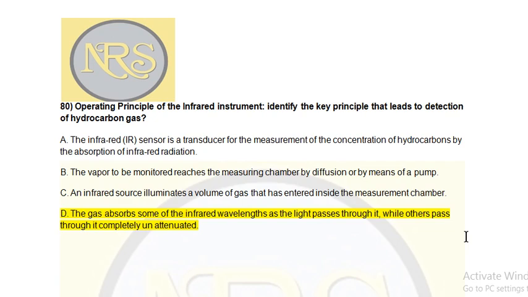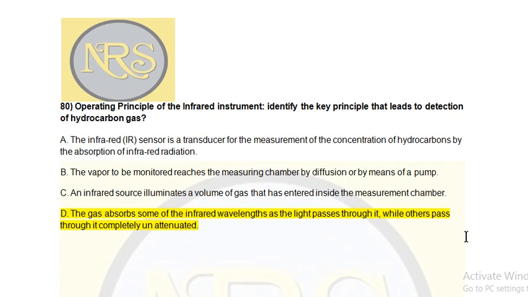Option C, an infrared source illuminates a volume of gas that has entered inside the measurement chamber. Option D, the gas absorbs some of the infrared wavelength as the light passes through it, while others pass through it completely unattended. Correct answer is option D.